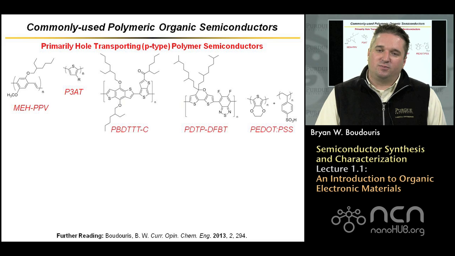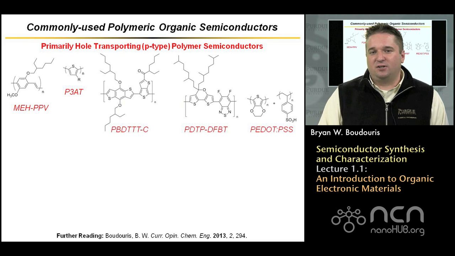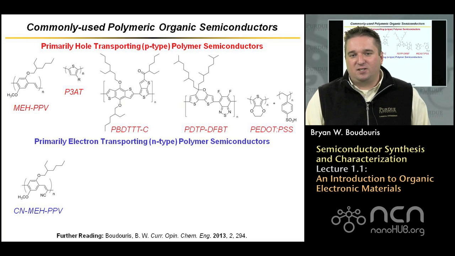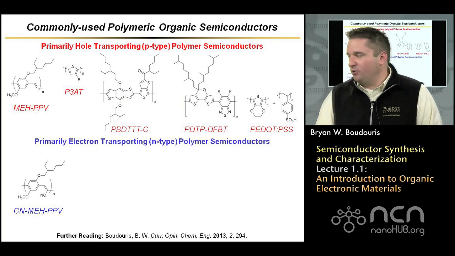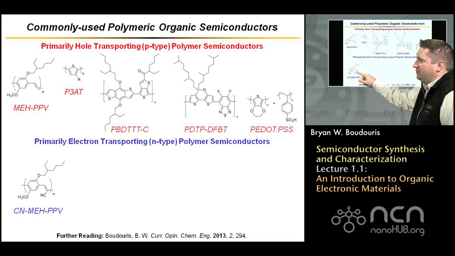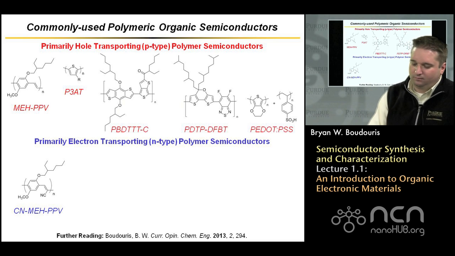Just like in the small molecule case, we have P-type materials shown here, but we also have N-type materials. Here we see that if we add cyano groups, these CN groups, we change it from transporting holes, as we did up here, to transporting electrons. Okay?